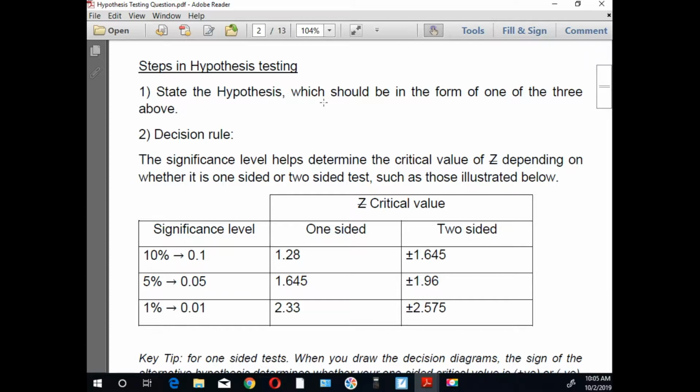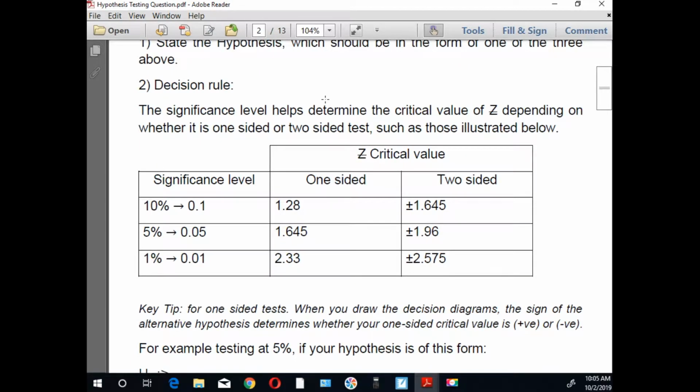It will be told: 0.05, significance level 1%, 5%, whatever the significance level. Now, just like in interval estimation, we need a critical value that is associated with that significance level. That critical value depends on whether it's a one-sided or a two-sided test.